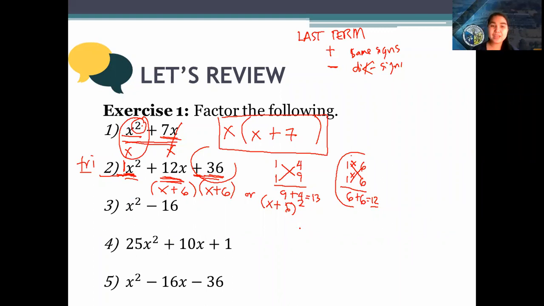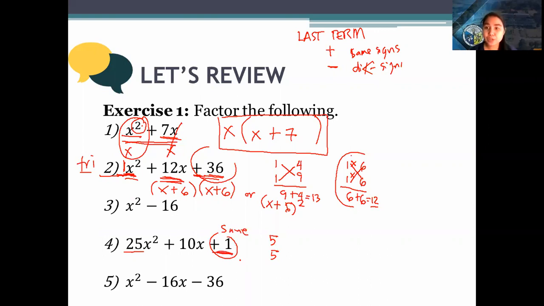Let's go to number 4 first. Let's try number 4. Ready? What are the factors of 25? In the chat box, possible factors. Very good. 5 and 5. Next, plus 1. Positive, so same signs. Okay.